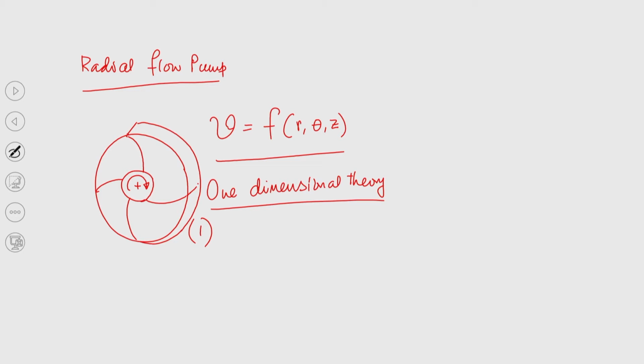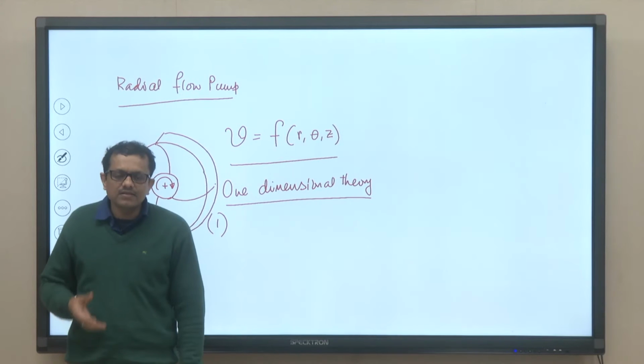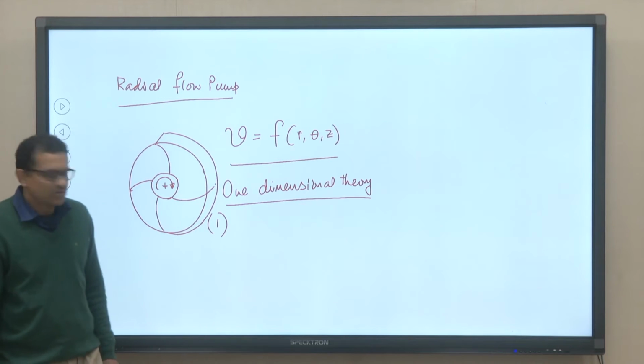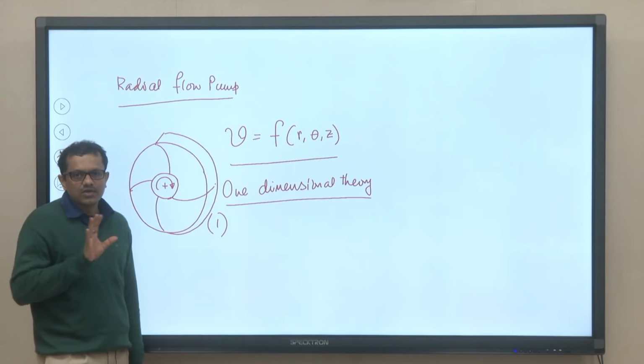It is assumed that the blades are so thin that the pressure difference across the blade which is there can be replaced by an imaginary force acting on the fluid and producing torque. So, I hope you have understood.